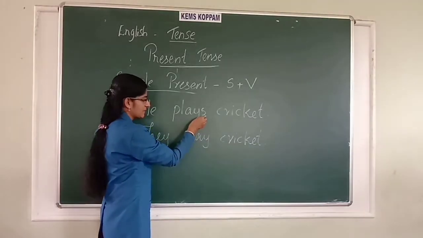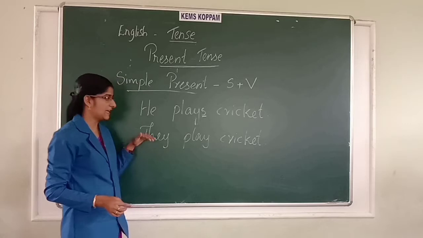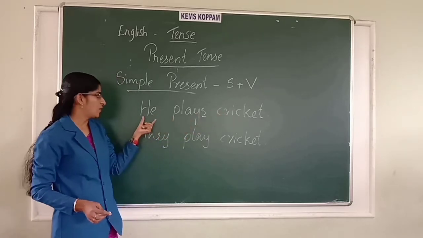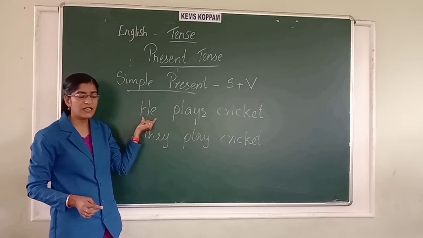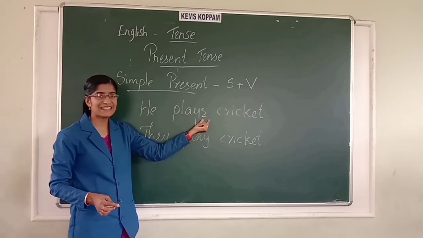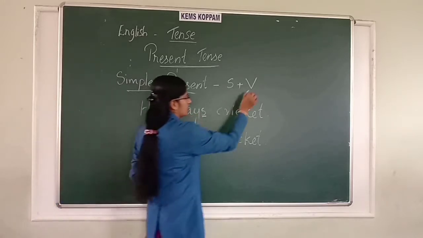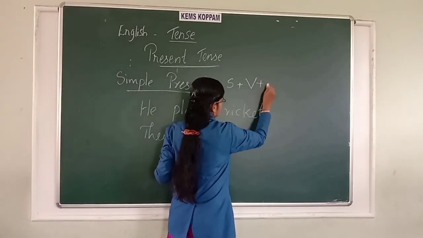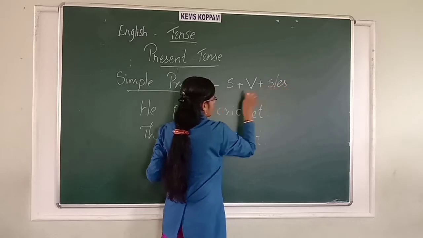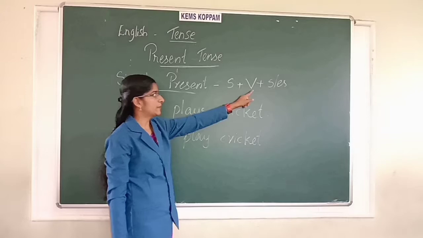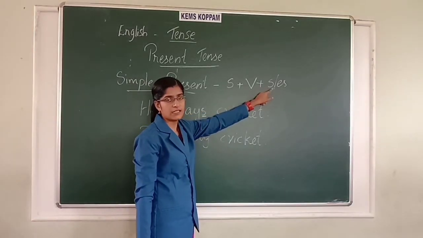And look at the S form here. He plays cricket. So when the subject is singular, we add S or ES with the verb. So what is the structure of a sentence in simple present? Subject plus verb plus S or ES.